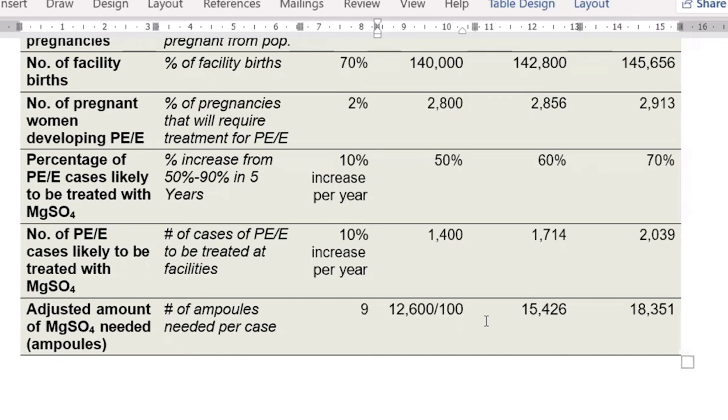I'm trying to tell you that in reality, don't be excited when you find a figure. Always pay attention to the pack size. Even when you're ordering from a district store or medical stores, it's a common error because your ELMIS has got a column with pack sizes, right? 100, 50 or whatever.